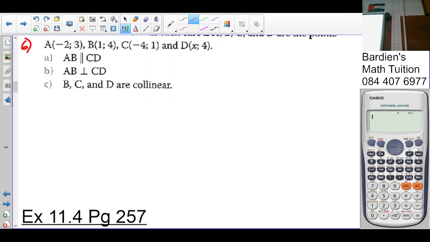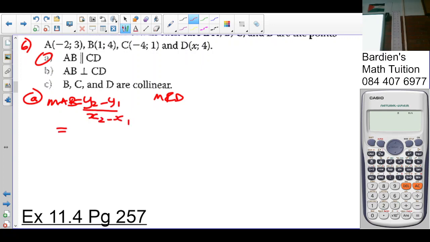So, for A, I need to work out the gradient of AB, and we need to work out the gradient of CD. Okay, how do we work out AB? y2 minus y1 over x2 minus x1. For AB, this is x1, y1, x2, y2. Not so. So it's going to be 3 minus 4 over minus 2 minus 1.